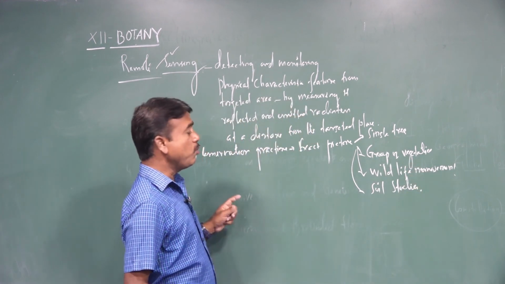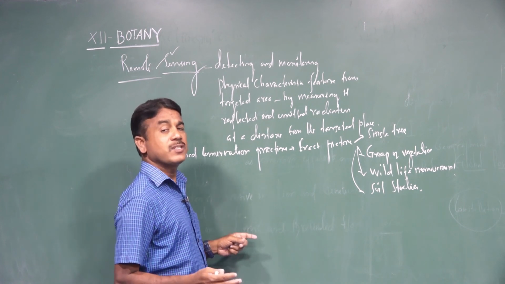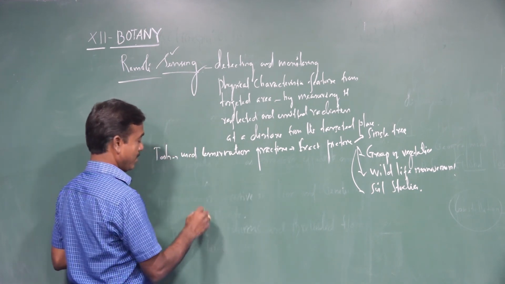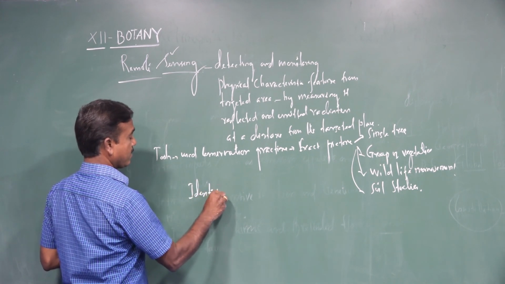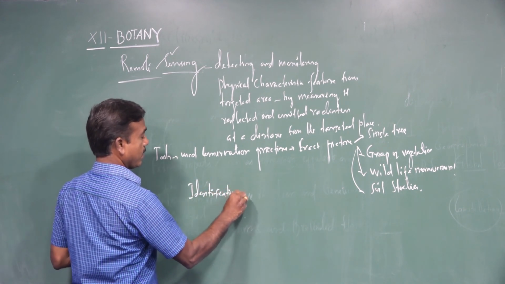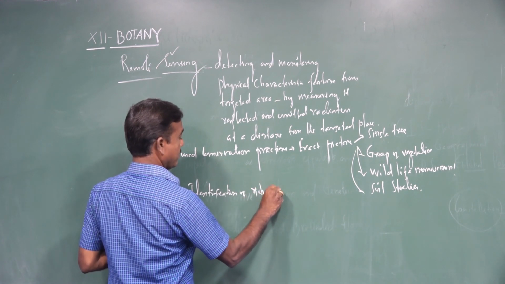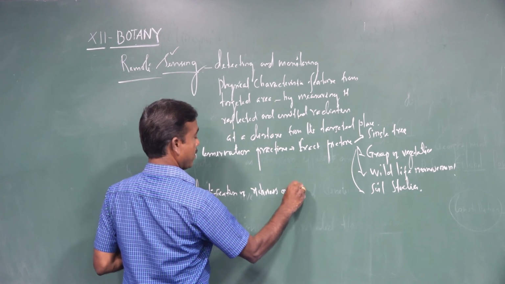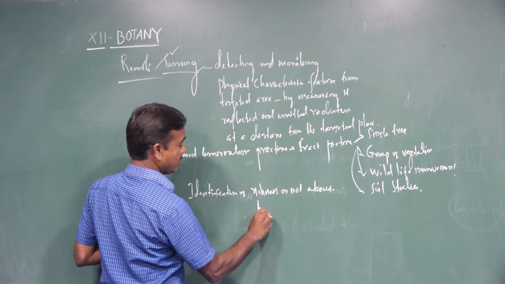So using remote sensing, you can identify whether there is richness of biodiversity or not, that is, the identification of richness of biodiversity species.